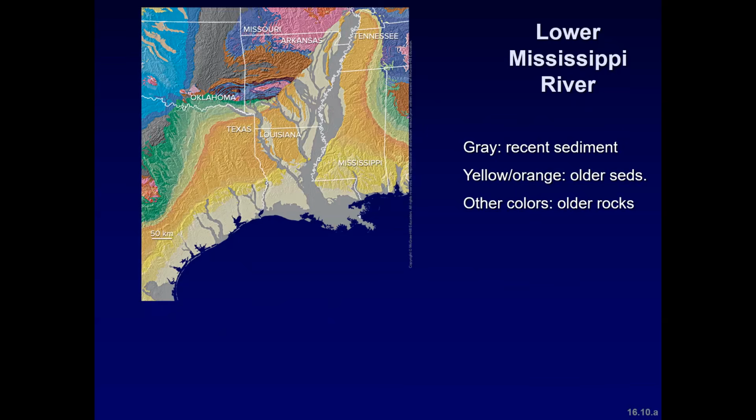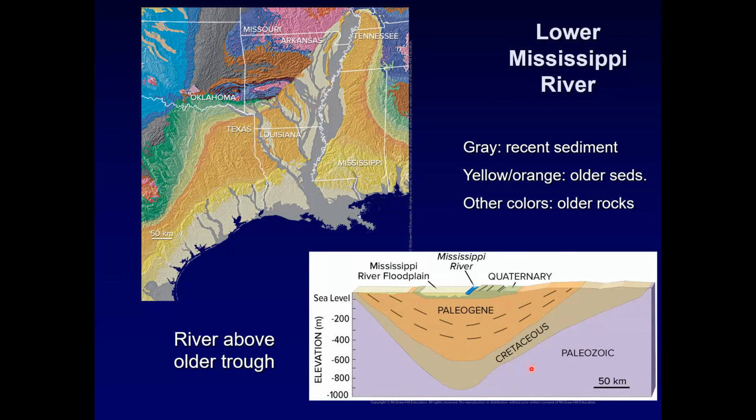We'll go back to the lower Mississippi River and just think about the sediments here associated with that. Anything in gray, I'll point that out, is recent sediment. These yellow-orange rocks are older sediments, and even older than that would be the other colors. We have a cross-section through that, through Memphis actually.